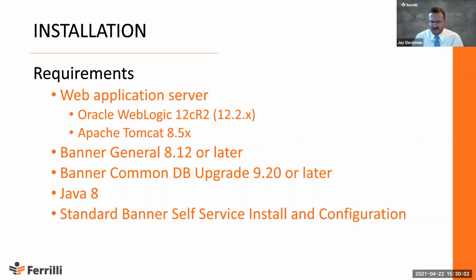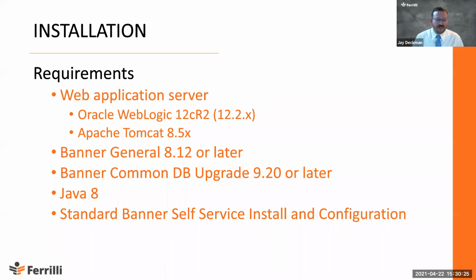There's not a lot here that's going to be difficult. Obviously, you need a web server, so just more of the decision on which side you want to go. And you do need to make sure that you're on Banner General 8.12 and Banner Common Database Upgrade 9.2 or later for both of them. As long as you're there, you should be able to get this installed and set up and get working.